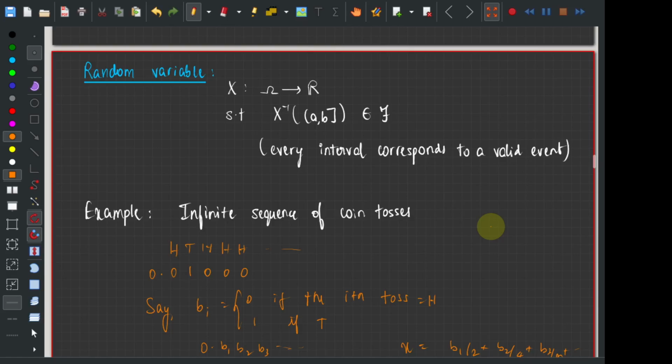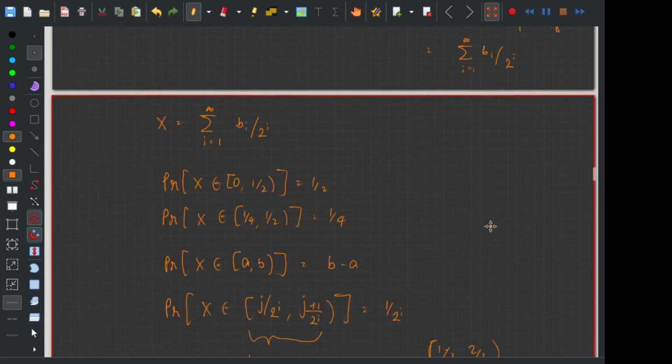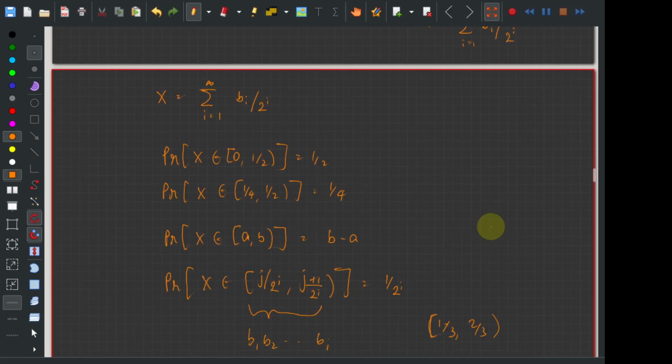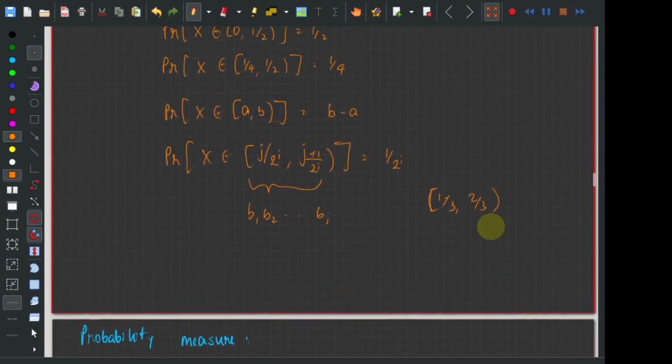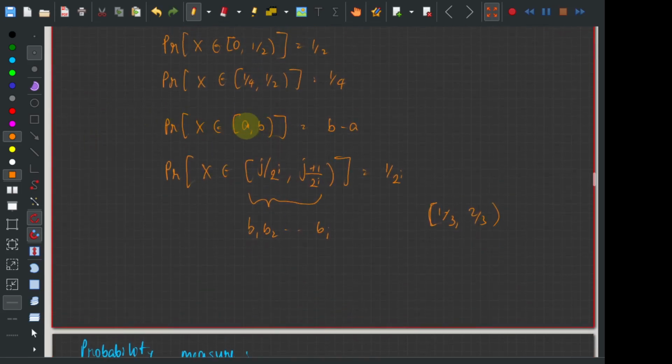And what distribution does this correspond to if it's a fair coin? Over the reals, what distribution does this correspond to? Because right now I'm saying that the probability that x lies in the interval a to b is b minus a. So this essentially corresponds to the uniform distribution on 0, 1.